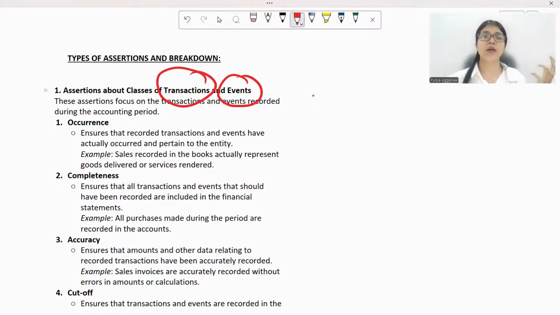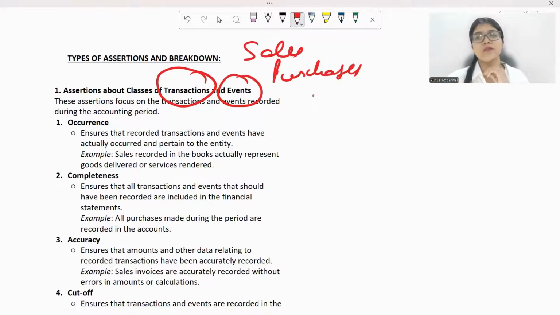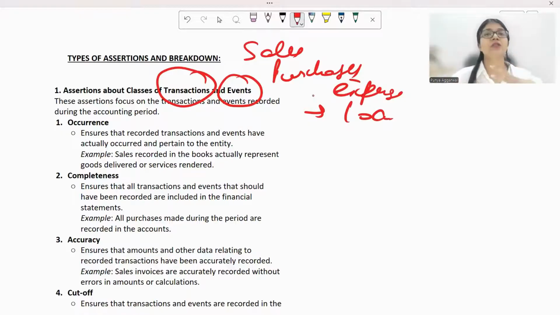Transactions, like if there's any sales happening, if you have done any purchases, that means any expense, if you have taken any loan, any transaction that is happening, which is related to the sales side in the P&L, or the purchases and expenses side, whatever. And the events. So we are right now concerned only with the transactions and the type of events that can happen in the company.